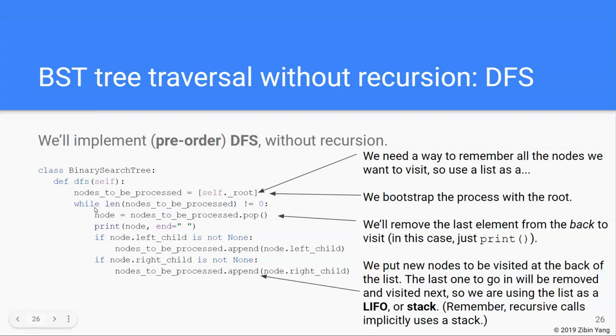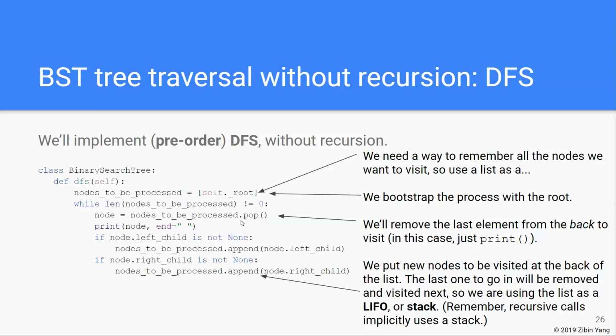And we will keep looping as long as there is at least one node in this list that we have to visit. The first thing we do in the loop is that we will take a node out from the list and visit it, right?